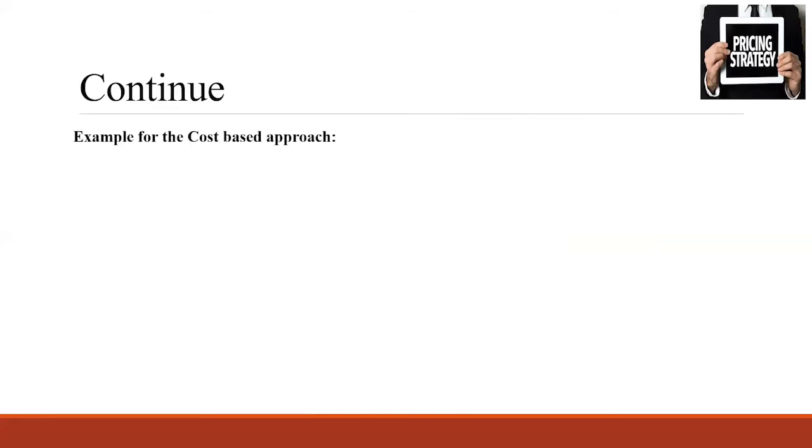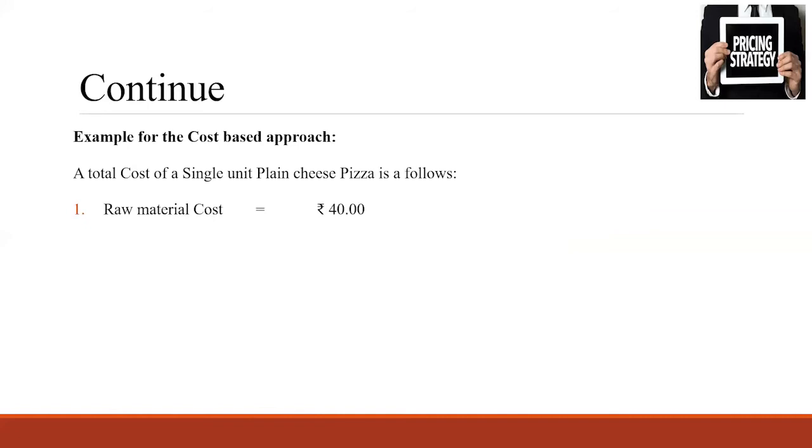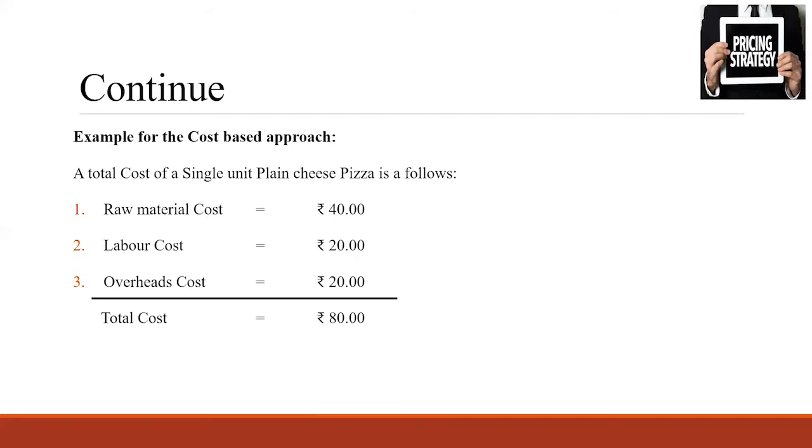Let's see an example of the cost-based pricing approach. Let's take an example of a pizza. The total cost of a single unit plain cheese pizza is as follows. Raw material cost for a single pizza would be somewhere around ₹40, the labor cost would be somewhere around ₹20, and the overhead cost will be ₹20. Hence, the total cost of this product is ₹80 per piece.